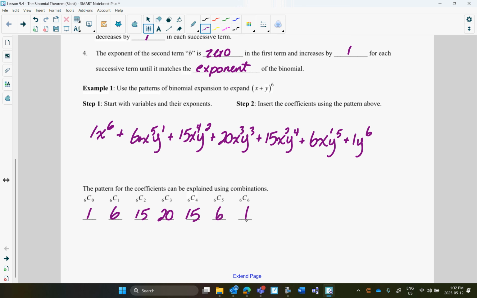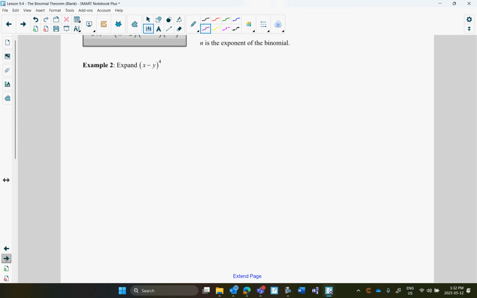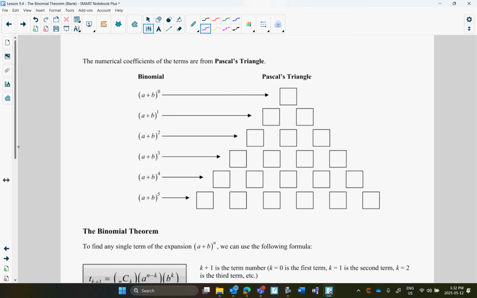And finally, before we jump into a formula, all these coefficients that we did: 1; 1, 1; 1, 2, 1; 1, 3, 3, 1; 1, 4, 6, 4, 1; 1, 5, 10, 10, 5, 1, where the pattern follows.